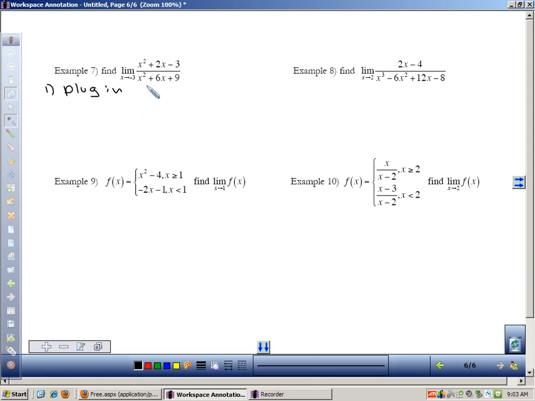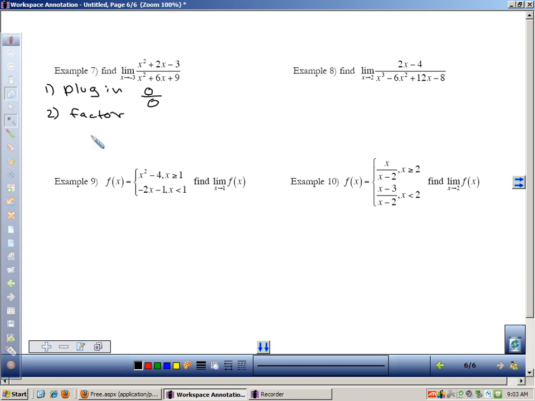If we plug in -3 here, we get 0 over 0. I'm not going to go through the calculations. It doesn't work, so that doesn't help us out. For the second step, we want to try to factor. So that's our second step in finding our limit.